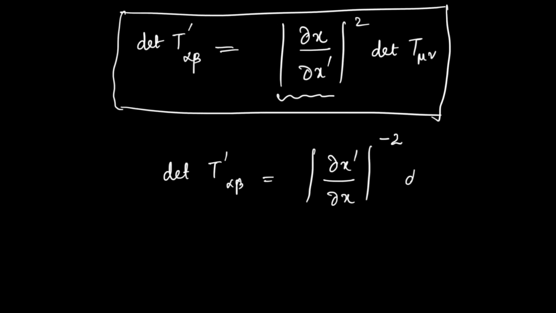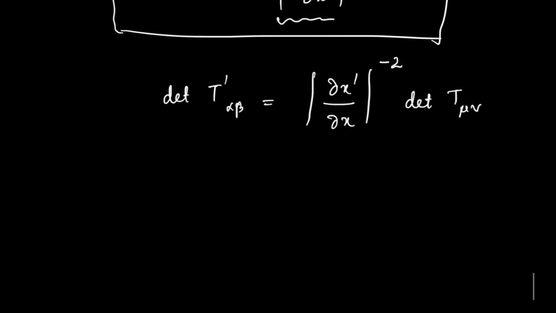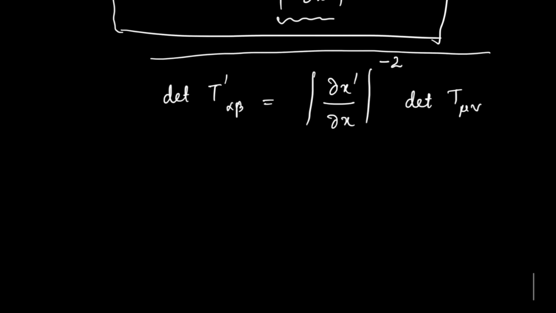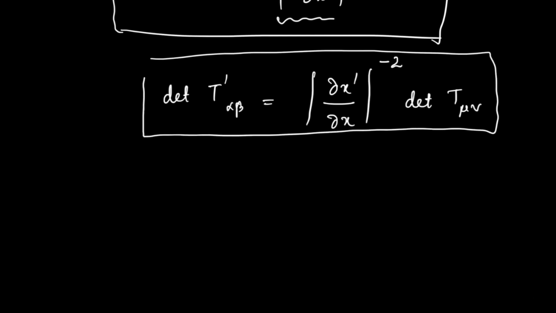Then the determinant of t mu nu. So you can see that the determinant of a tensor will transform like a tensor density, or here a scalar density. The determinant of a tensor will transform like a tensor density of rank 0, which is a scalar density.